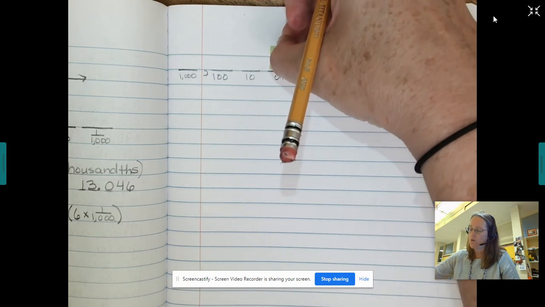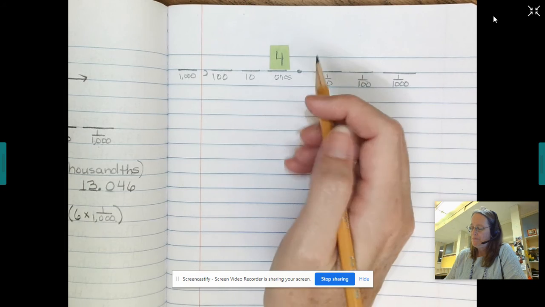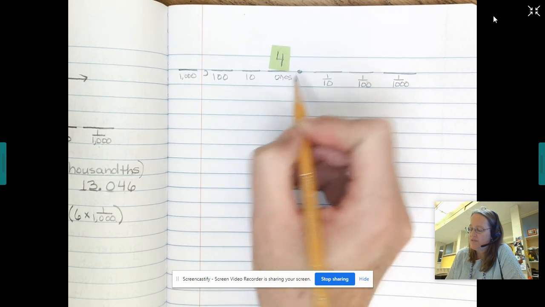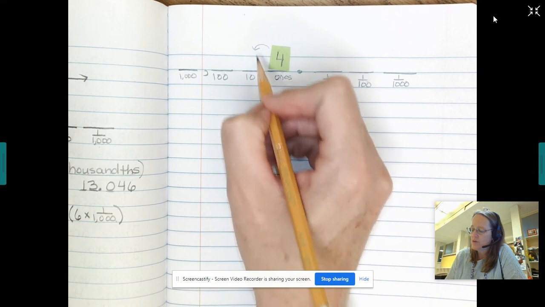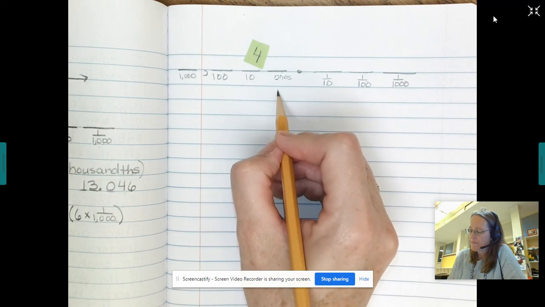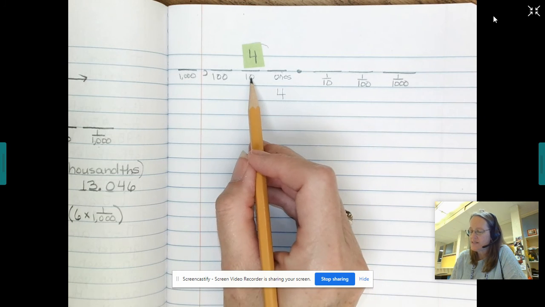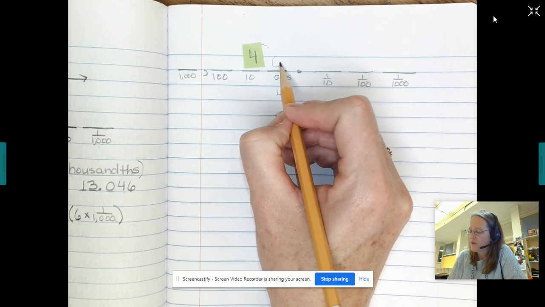If I put a 4 in the ones place, its value is 4. If I move that digit over to the tens place, what is its value now?